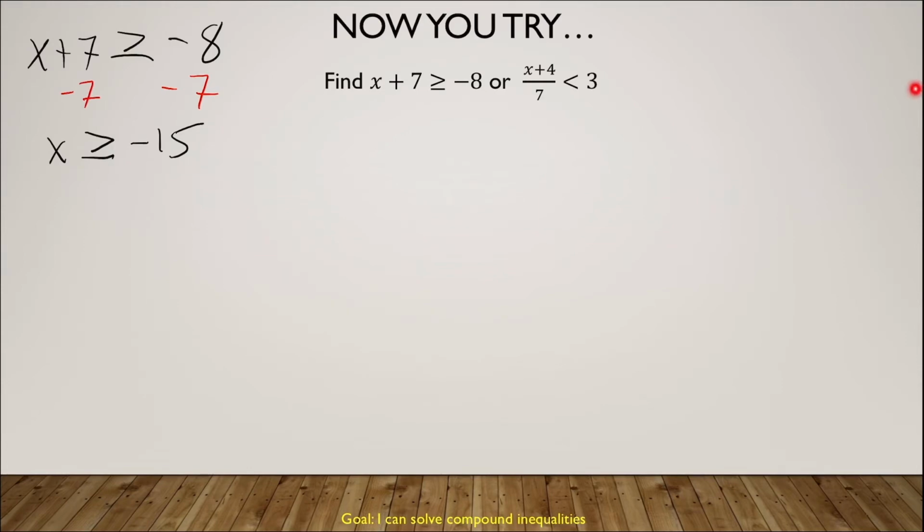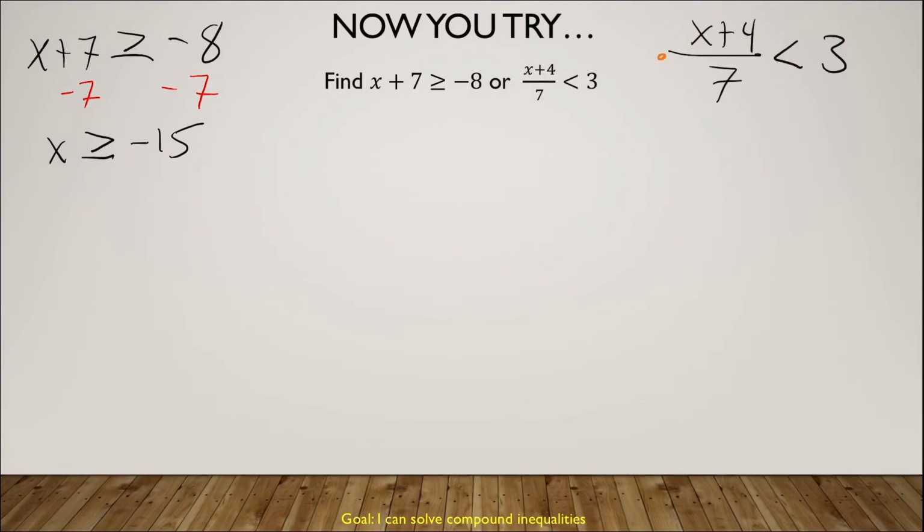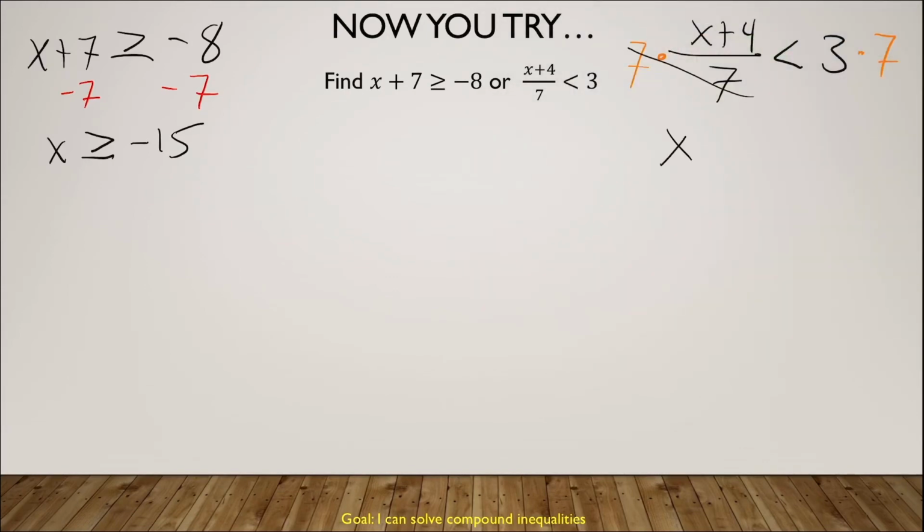And then we have (x plus 4) divided by 7 is less than 3. We're going to multiply both sides by 7, and we get x plus 4 is less than 21. Then we have to subtract 4 from both sides, and we get x is less than 17.